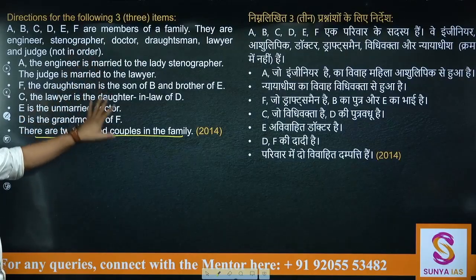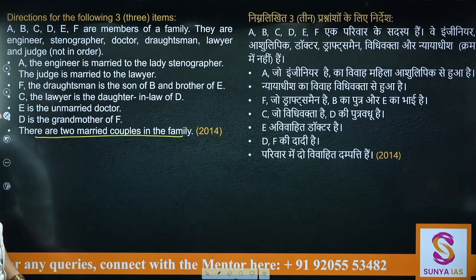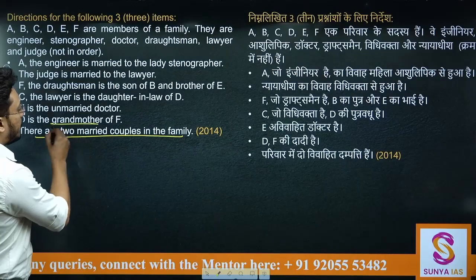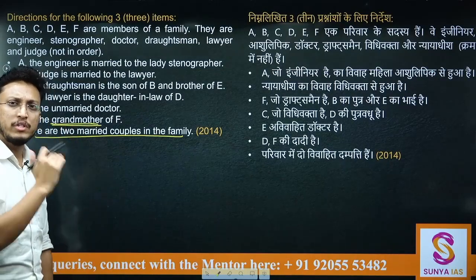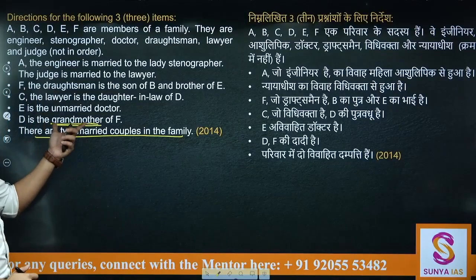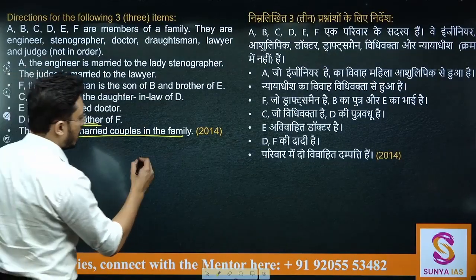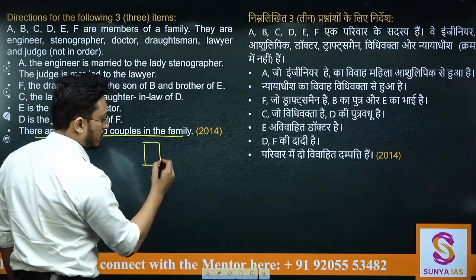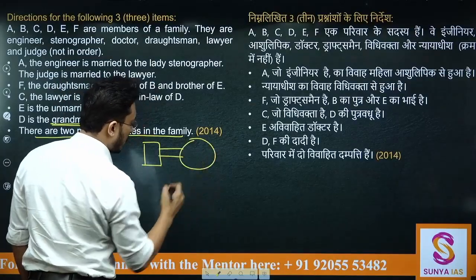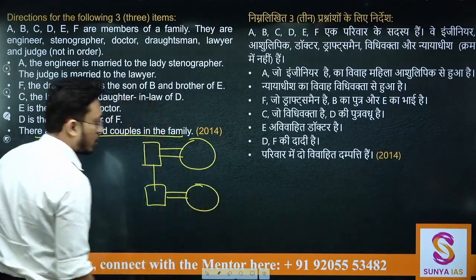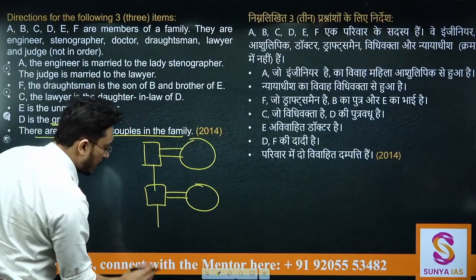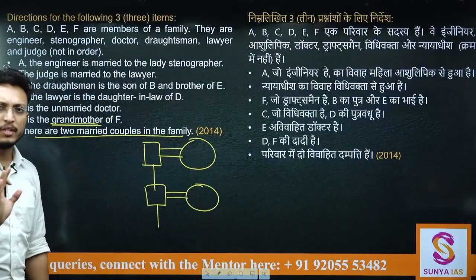Let's start from any of this. What we know is we have a grandmother relation also given. That means it is a family where we have 3 generations, and since the grandmother relation is there, I would be having this as the grandfather, this is the grandmother, and then again a son and daughter, 2 married couples, and then there might be 2 siblings in this generation.